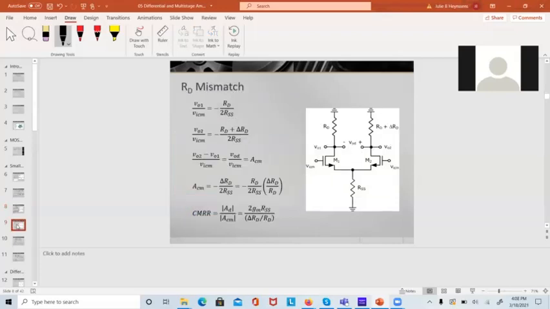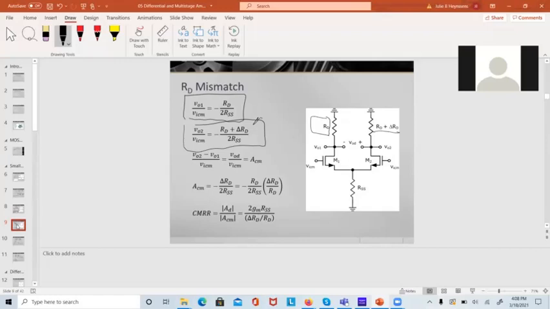So I've got one resistor that's RD, and this one's a little bit bigger. It's RD plus delta RD. So this is the common mode gain on side 1. For the common mode gain on side 2, I'd have to put in that larger resistance value.